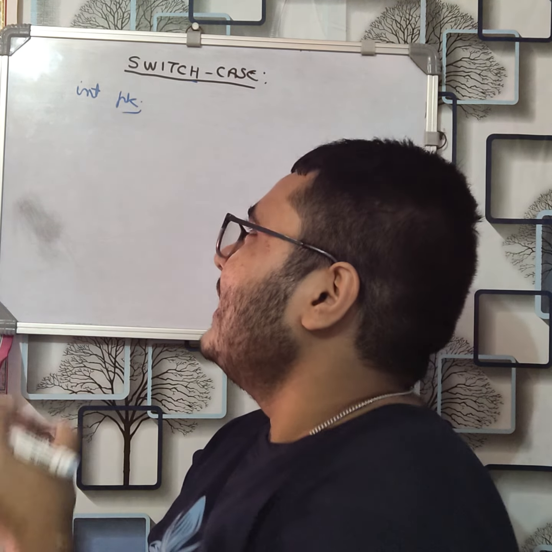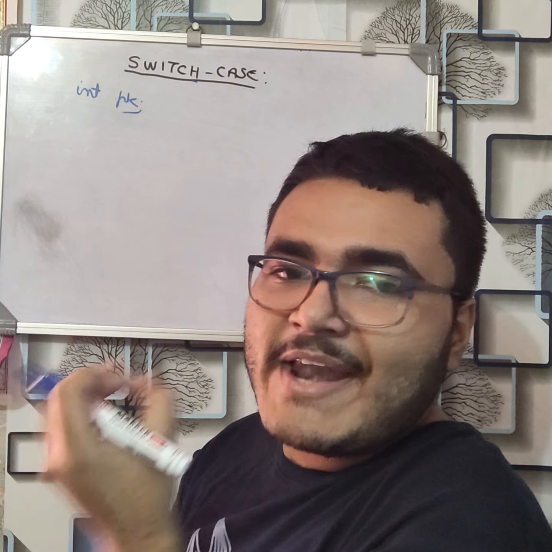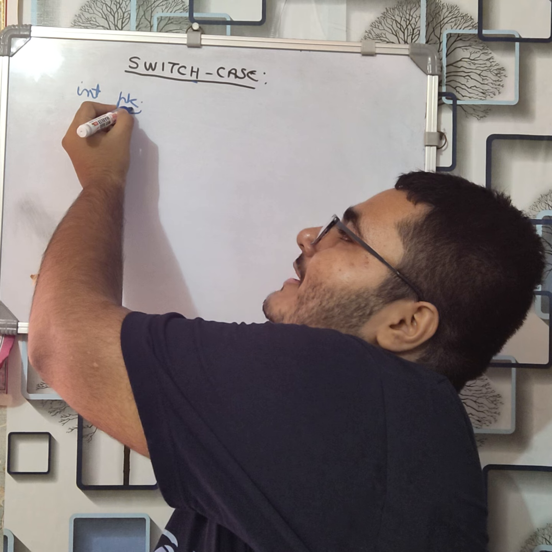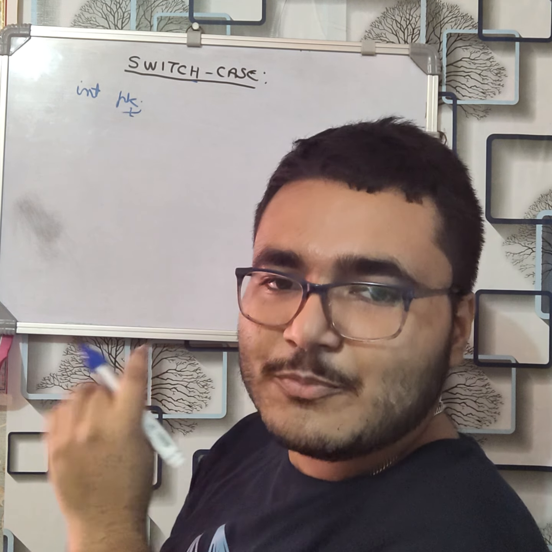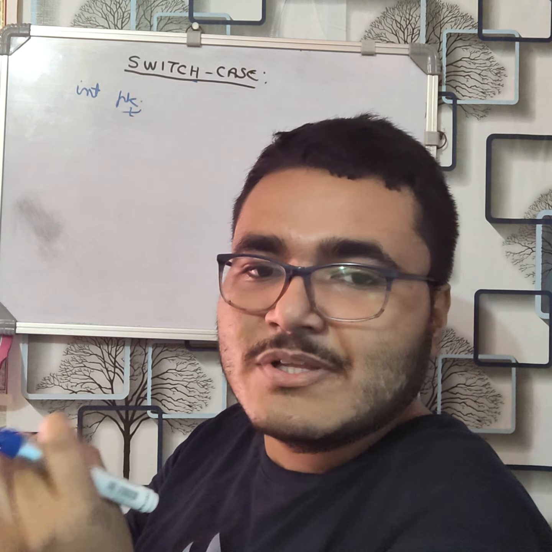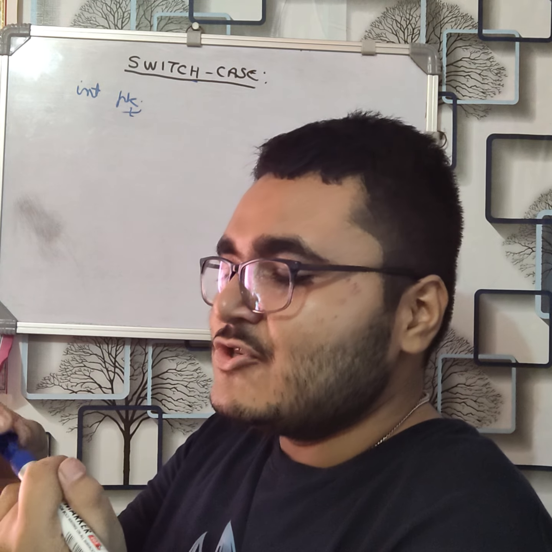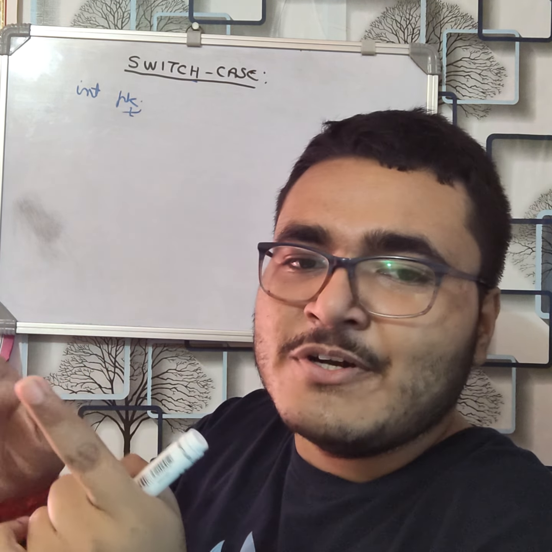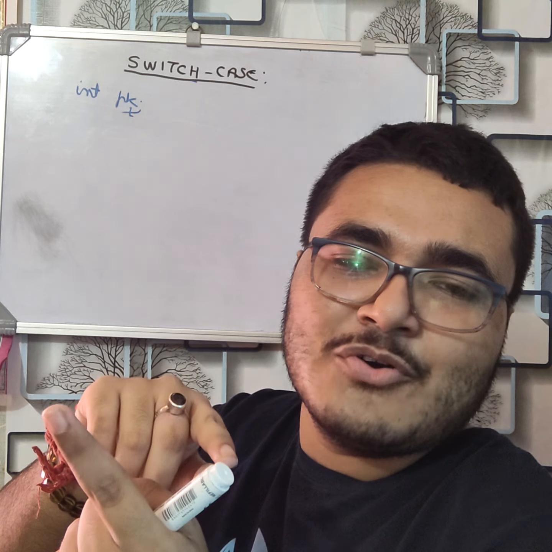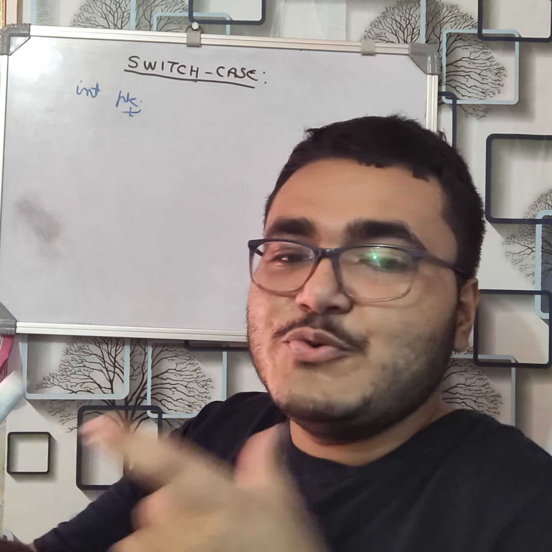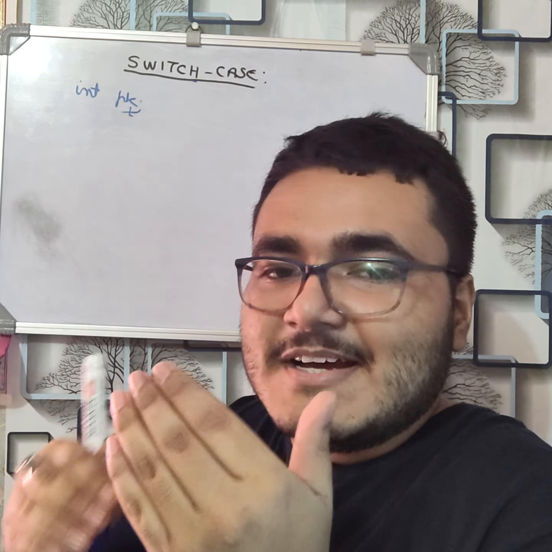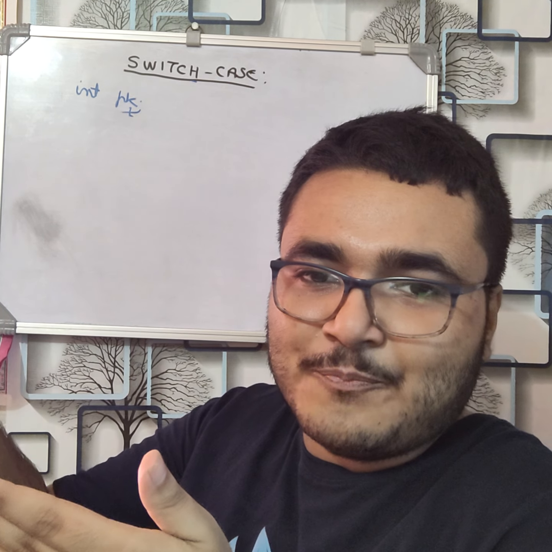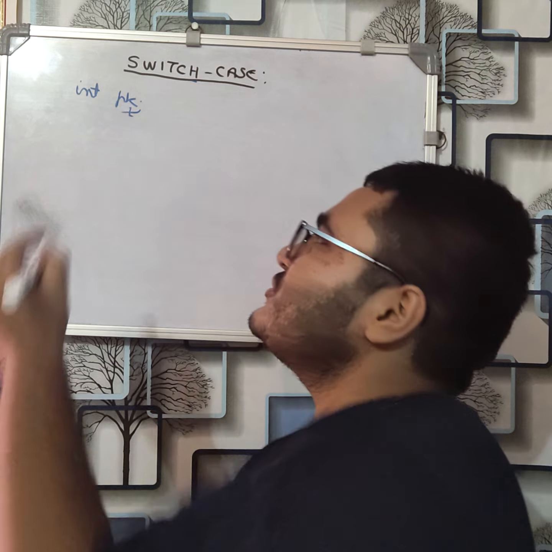Where am I making the change? In this power key. This is where I am switching: from the on condition to the off condition, and again from off to on. I am just changing from one form to another form. Getting my point?